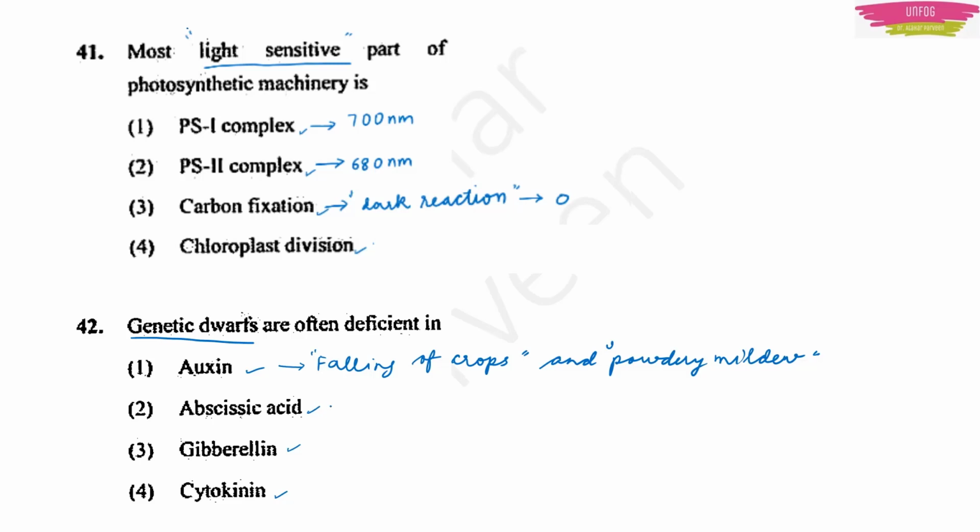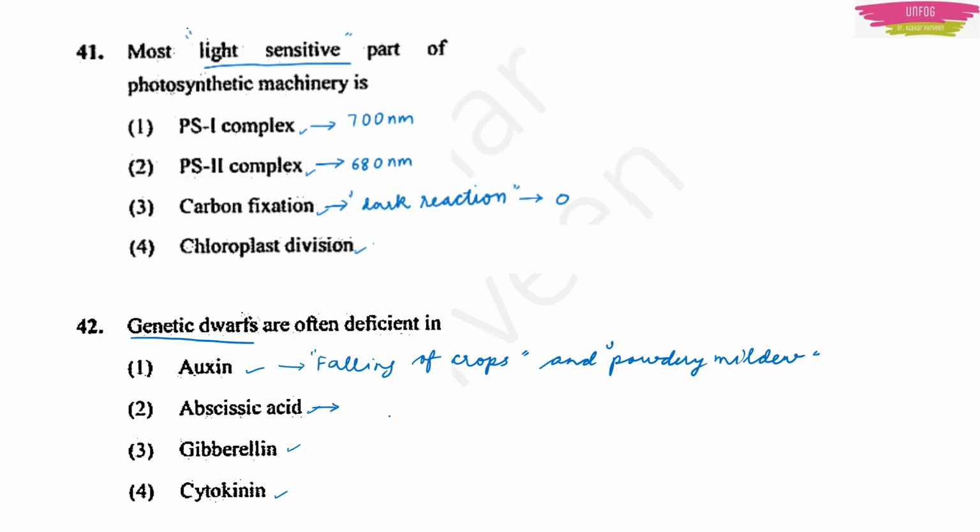In the abscisic acid, what happens is in the deficiency of abscisic acid hormone, there is a reduced seed dormancy. What does seed dormancy mean? It means the incapacity of viable seeds to germinate even under favorable conditions. Viable means which have the capacity of germinating. So even the seeds with germinating capacity do not germinate under favorable conditions.